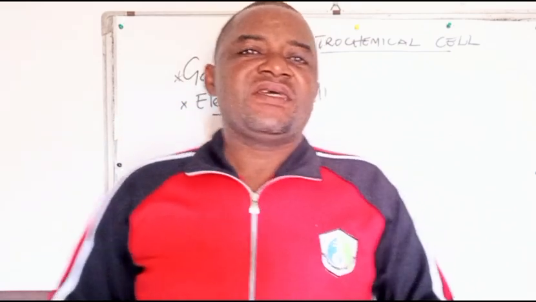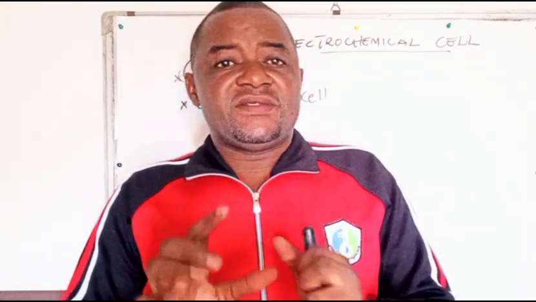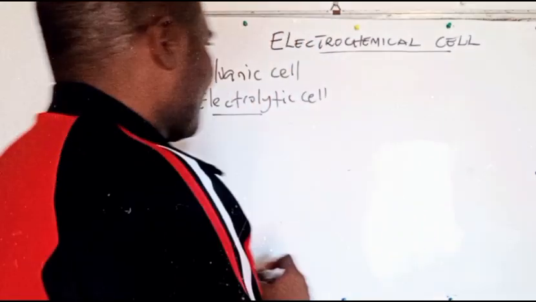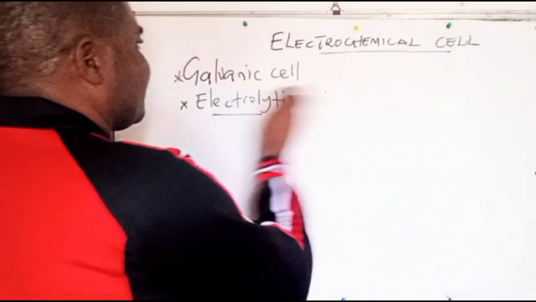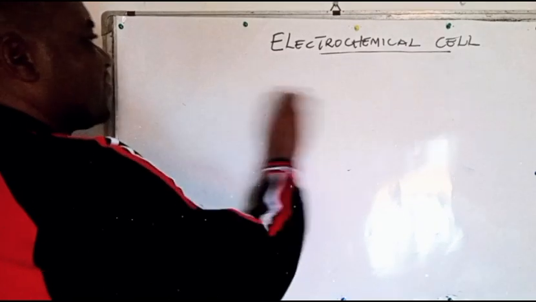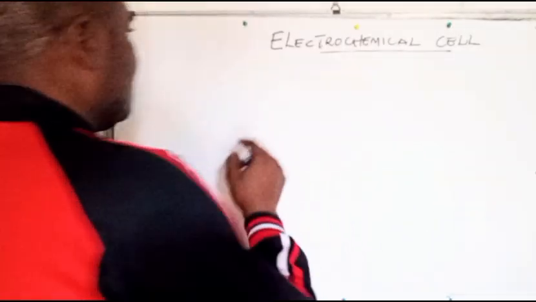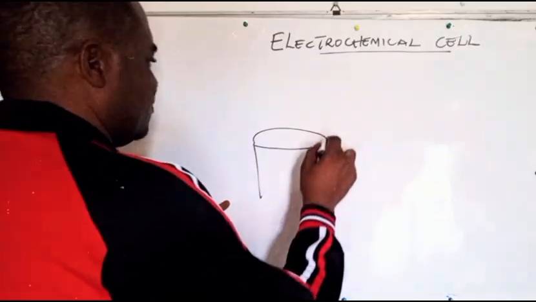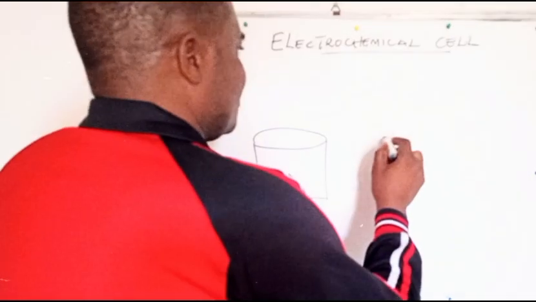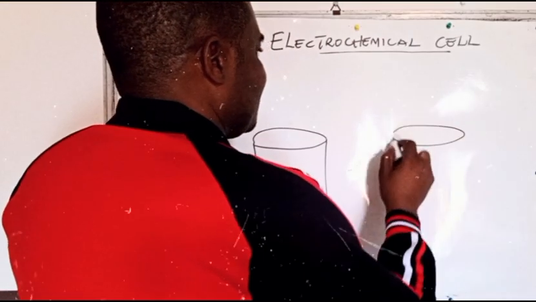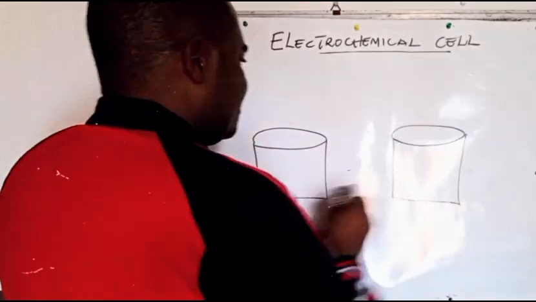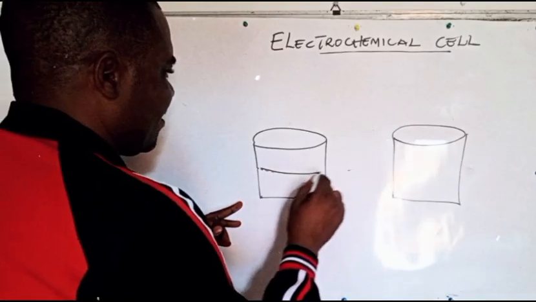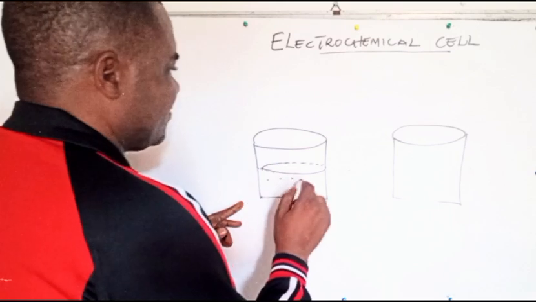Now let us take a look at a general diagram of an electrochemical cell. Okay, so for an electrochemical cell, we have something like this, and we have another one like this. In here, there is a solution.